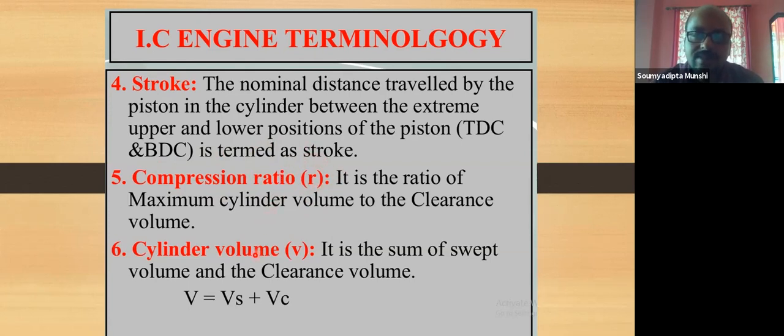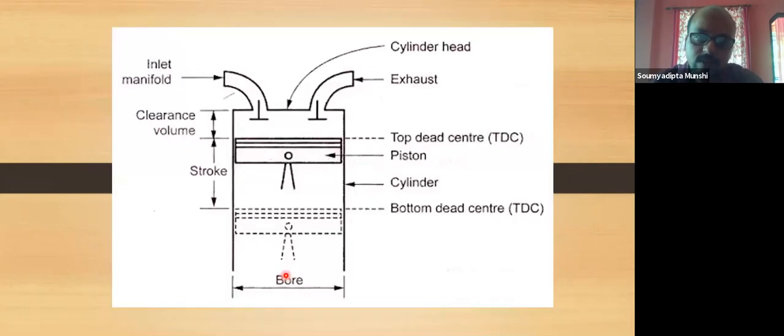Cylinder volume is the sum of the swept volume and the clearance volume. As I told you, the cylinder volume here is the maximum cylinder volume, meaning swept volume and clearance volume. So what is swept volume? This is the clearance volume. When the IC engine is working under the influence of hot gases, due to the pressure or the force of the gas, the piston is moving between the bottom dead center and the top dead center.